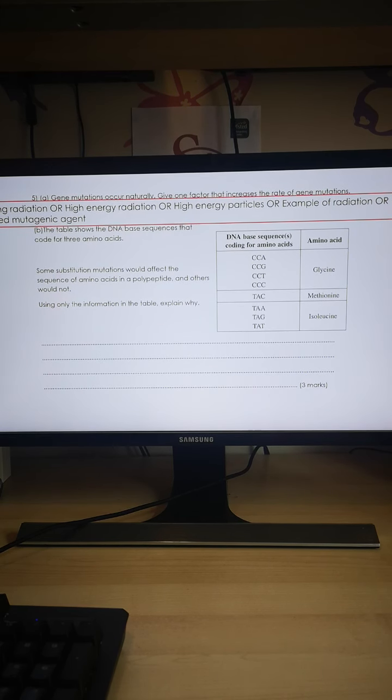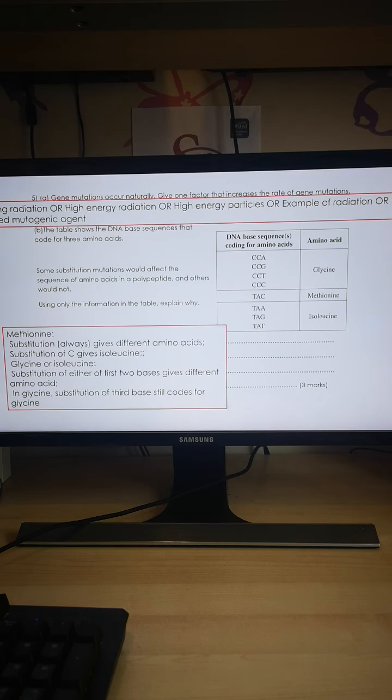Okay. So we still need one more different thing because it's 3 marks and we're still using information. Okay, only the information in the table. So now if we have a look at what else we'd need in there.